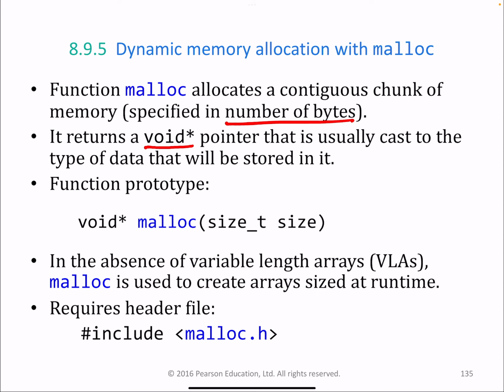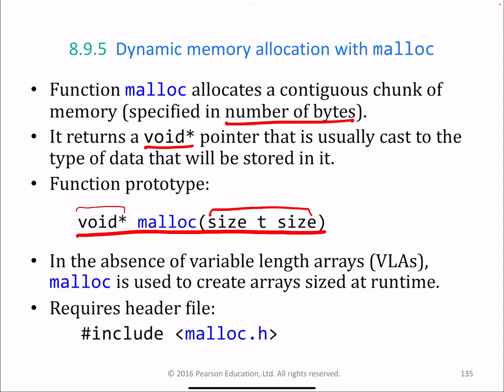The function prototype for the malloc function is pretty straightforward. It's simply this: provide in the argument the number of bytes to be allocated, and receive in return a void pointer.